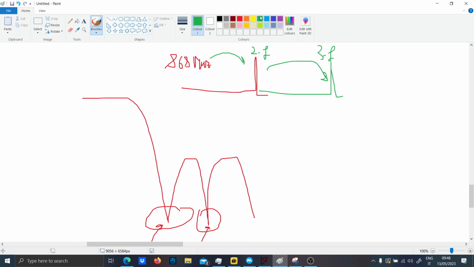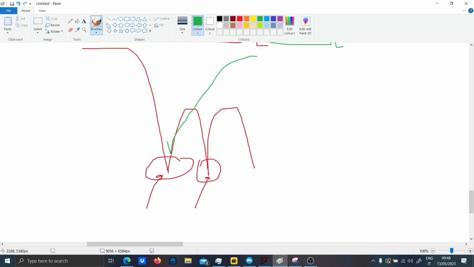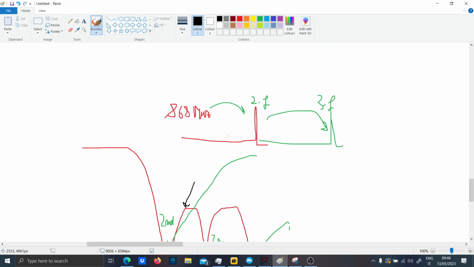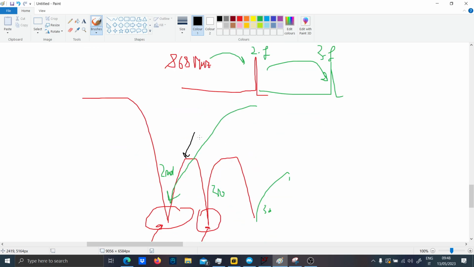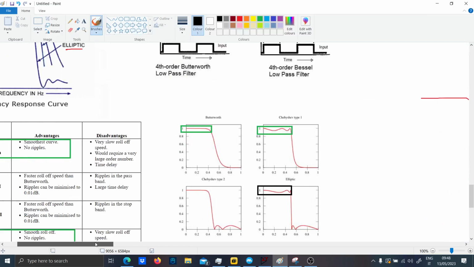And if you're able to design a filter which is able to cut the second harmonic, the third harmonic, the fourth harmonic, you don't care that here it is attenuating less than at this point here, because you want a filter which is exactly attenuating the second and third harmonic.